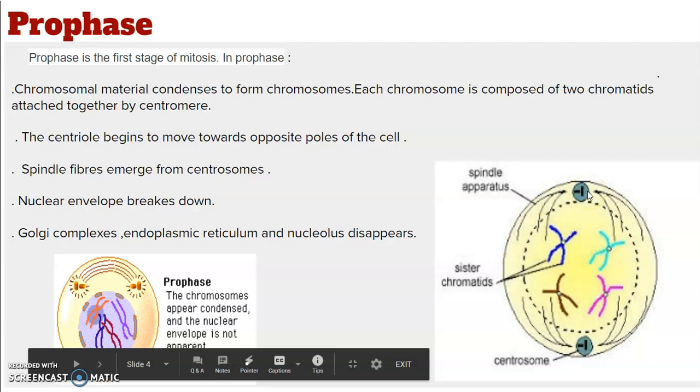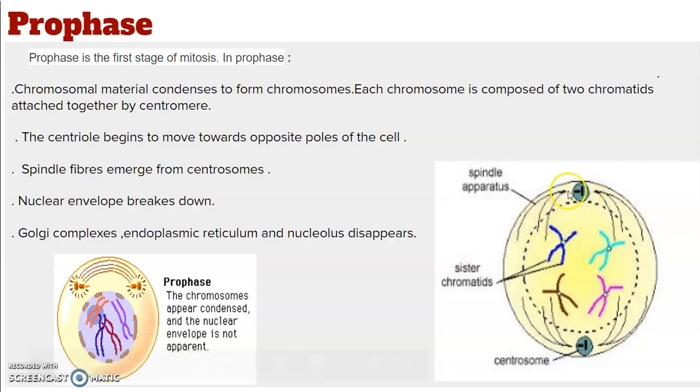From the centrosome, the spindle fibers start to emerge. The nuclear membrane slowly starts to break down. The cell organelles like the Golgi complex, endoplasmic reticulum and nucleolus disappear.